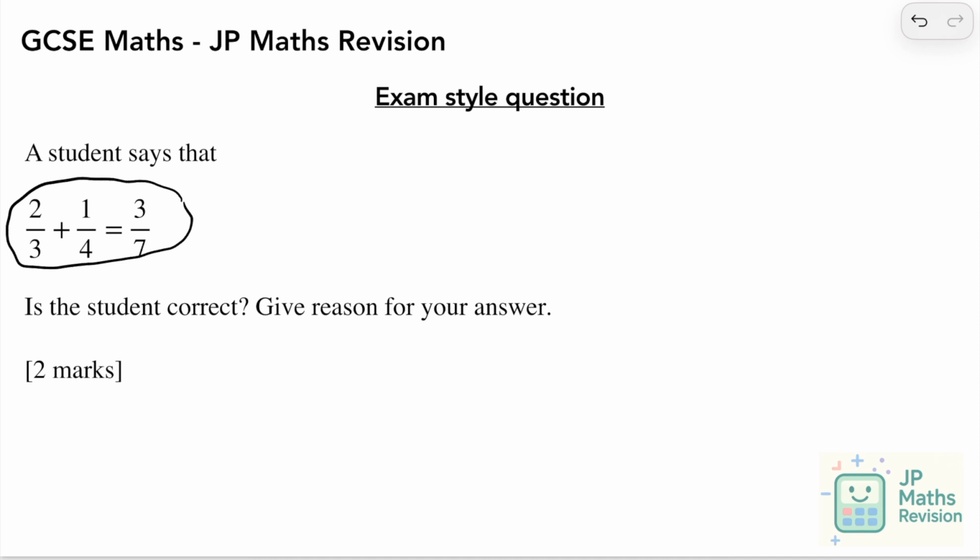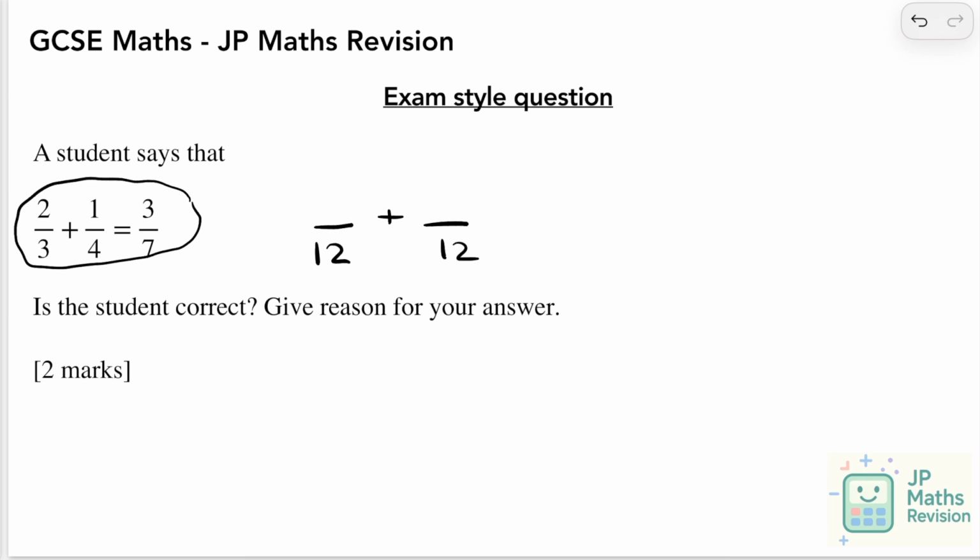So what the student should have done is make the common denominator. 3 and 4 both go into 12, so the common denominator is 12. To get from 3 to 12, I times by 4, so 2 times 4 is 8. And to get from 4 to 12, I times by 3, so 1 times 3 is 3. So they should have done 8 plus 3, which is 11 over 12. So the answer to this question is no, they have not found a common denominator.